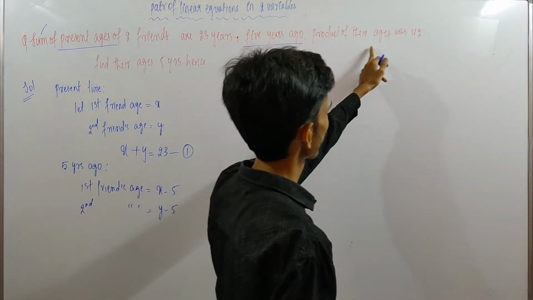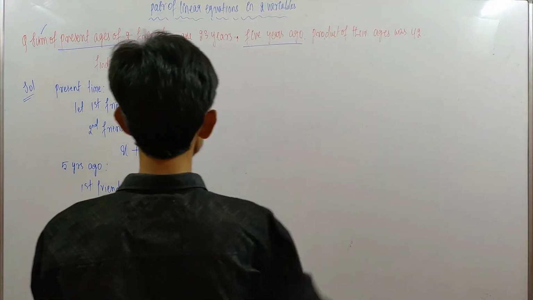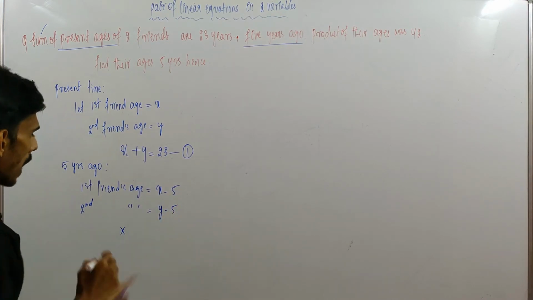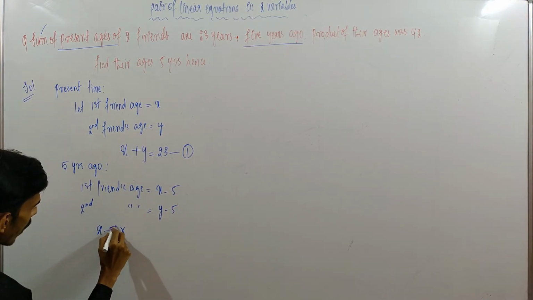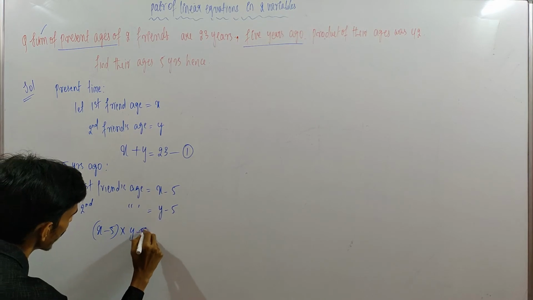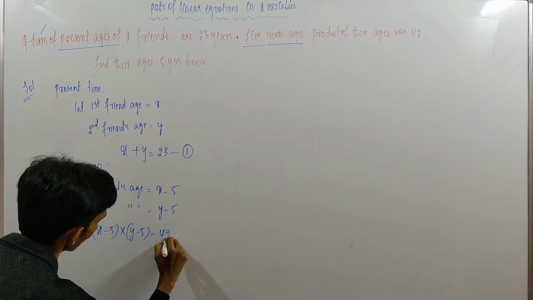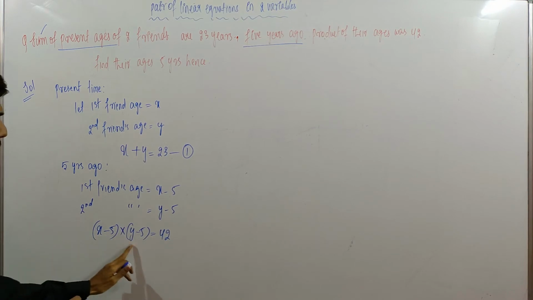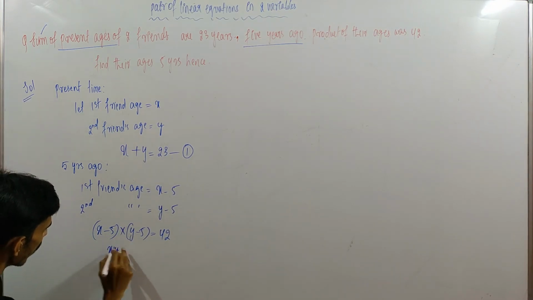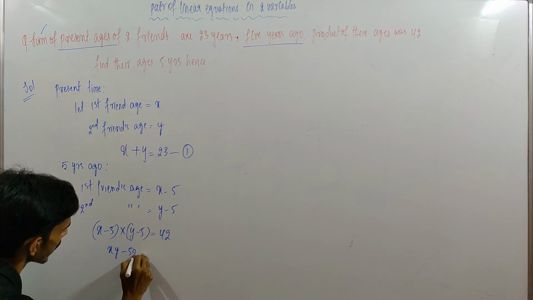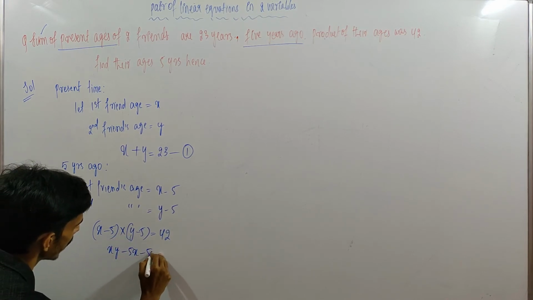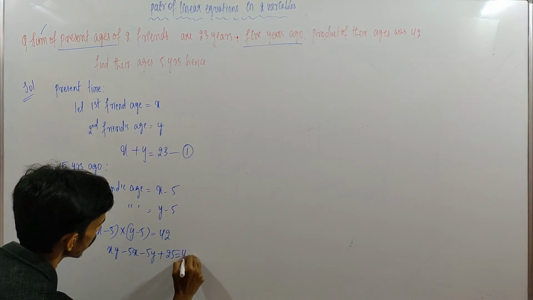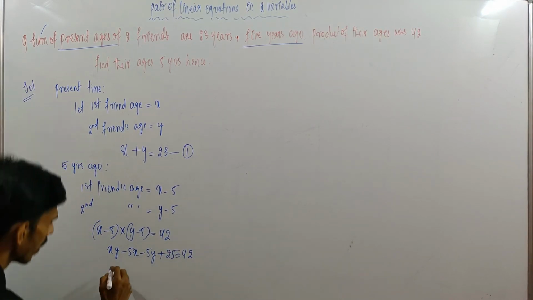Now what is given? Product of their ages. Product means multiplication, so multiplication of these 2 values, x minus 5 into y minus 5, is given as 42. Now multiply x into y, xy, x into 5, minus 5x, 5 into y, minus 5y, 5 into 5 we have plus 25 is equal to 42.